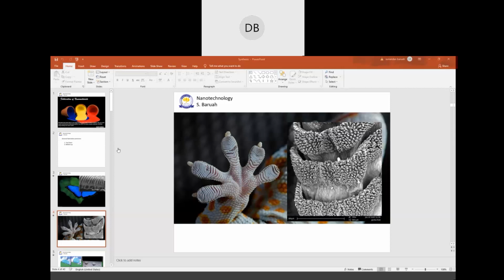Can you see my screen? Yes, sir. You see all those, right? These are the things. The cup-like thing, if you press, it sticks. Then if you slide, it comes off. So the same concept there.